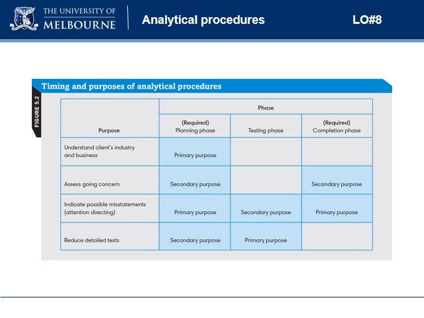So the difference between using the APs at the beginning of the audit and at the end of the audit is at the planning phase we are applying our APs to the client's unaudited data. When we get to the end of the audit at the completion phase, we are reapplying the APs to the audited data to reassess and reconfirm going concern and to see if it all looks reasonable as a whole.